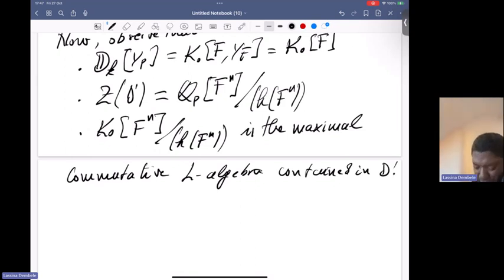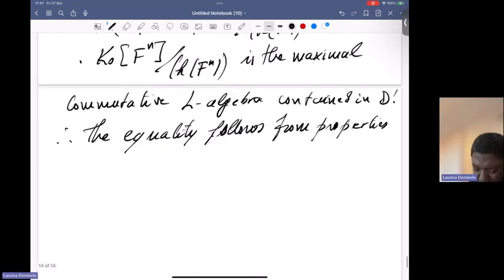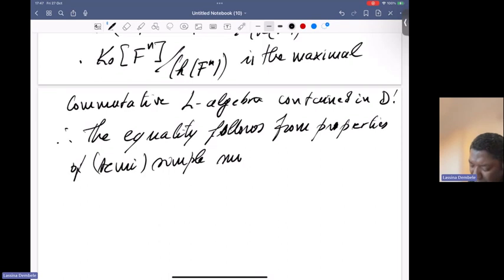And so if you put all those things together, therefore the equality follows from properties of simple, or you could say semi-simple modules. Okay.